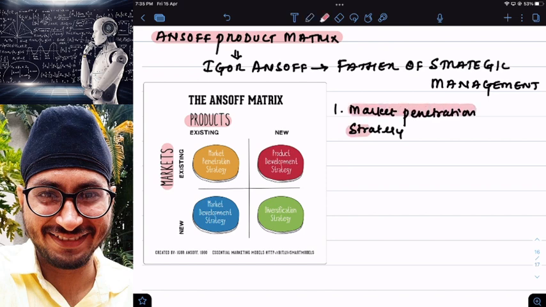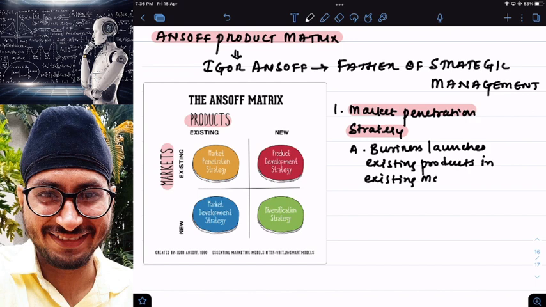Business will launch existing products in existing market. When a business is launching existing product in existing market, then it is called market penetration strategy.